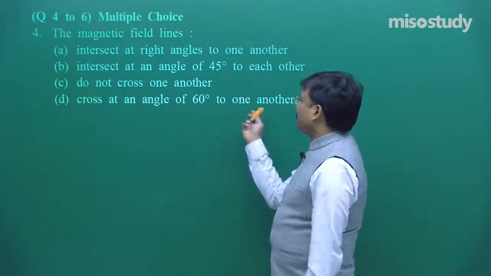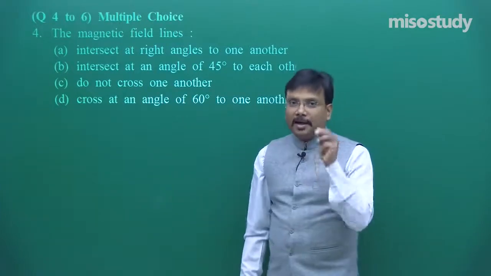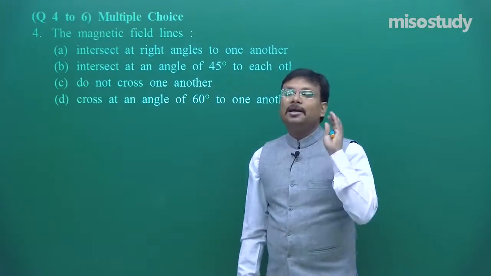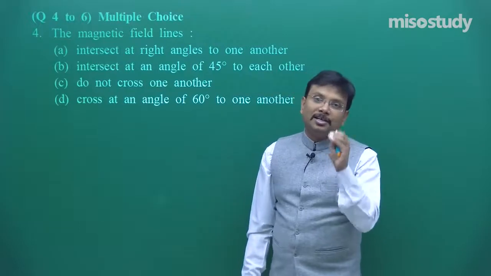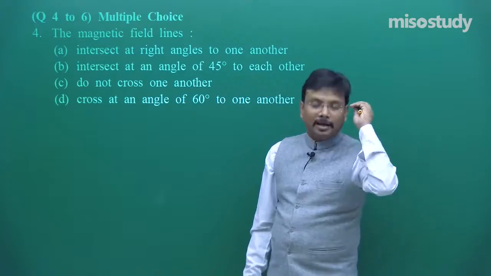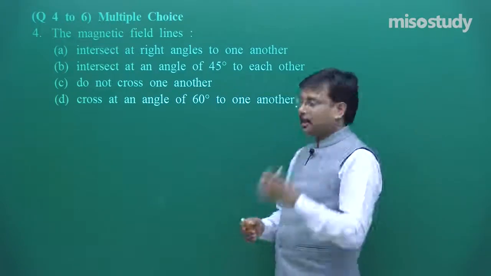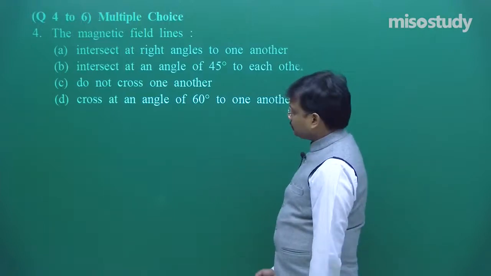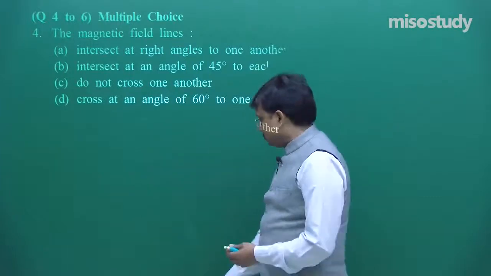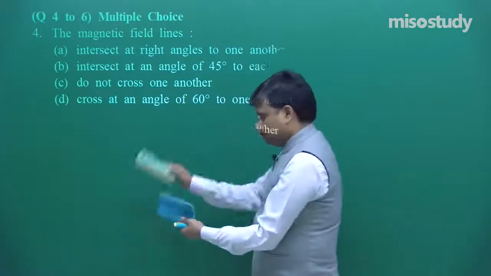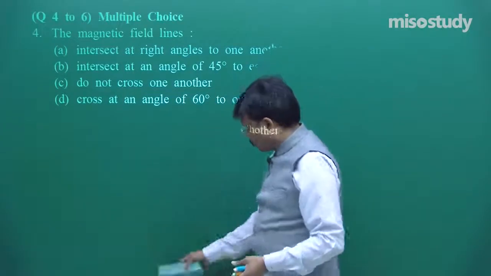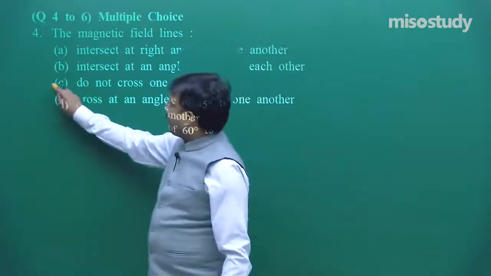Simply remember, electric field lines and magnetic field lines both never ever intersect each other, at any angle, never. So, C is your answer.